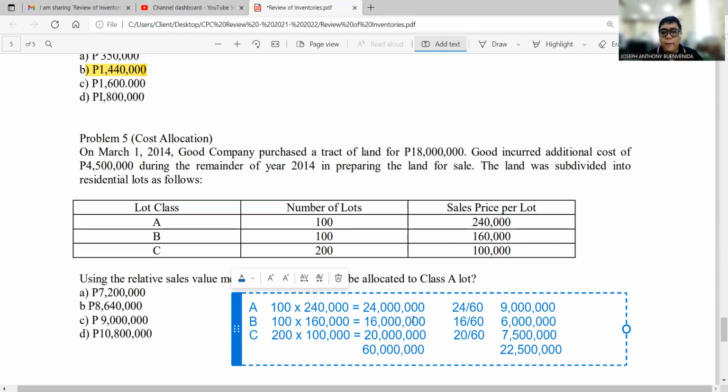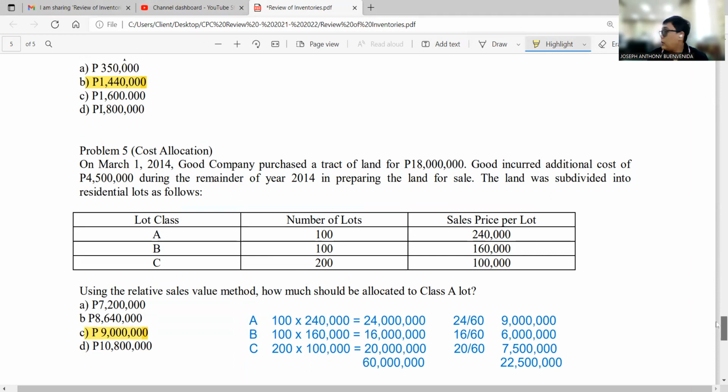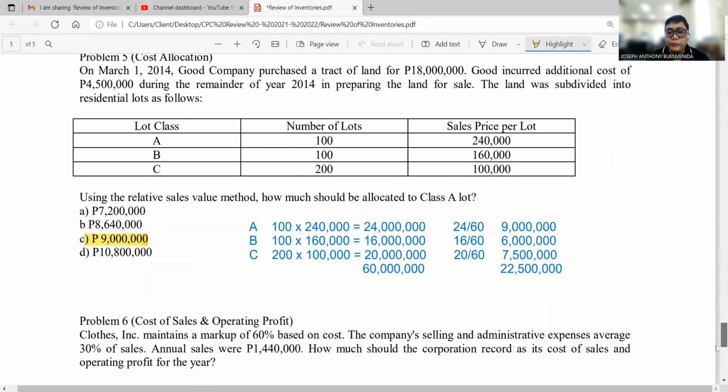So answer is letter C. Letter C, no letter C. Highlight na sa ako. Okay, so letter C. Next.